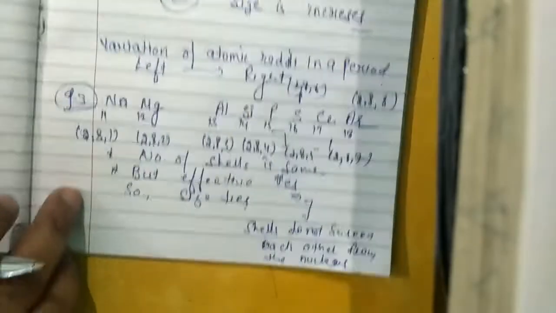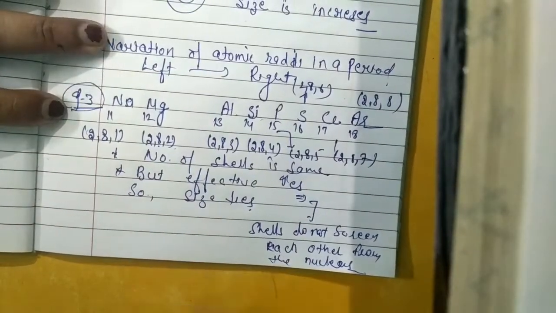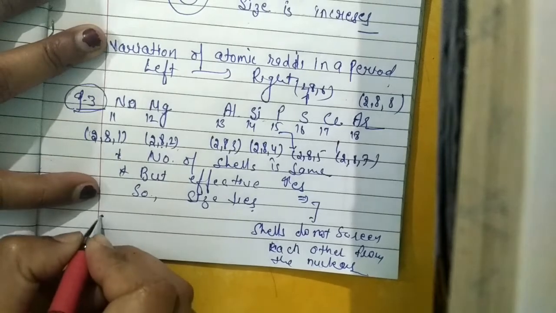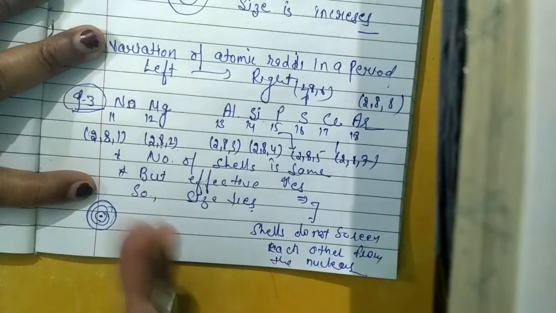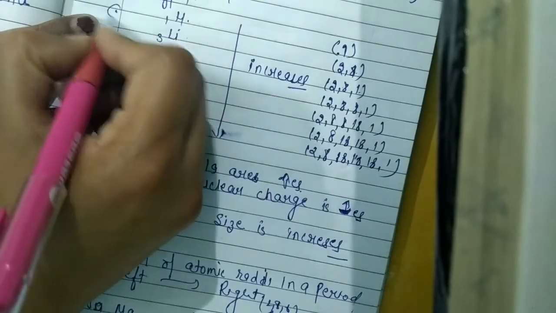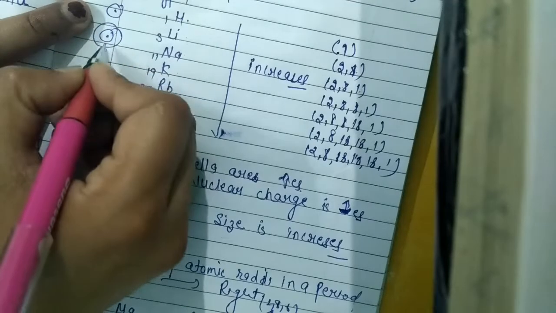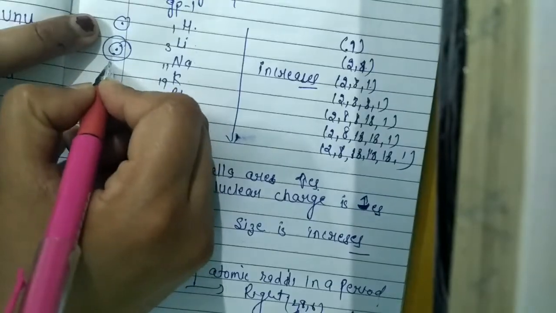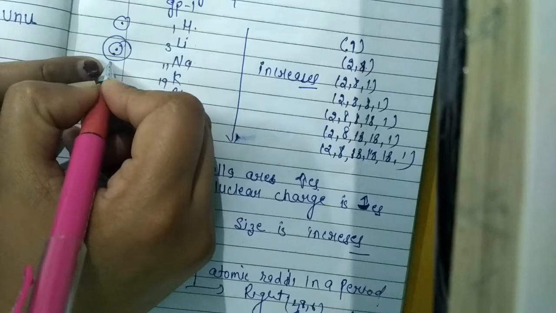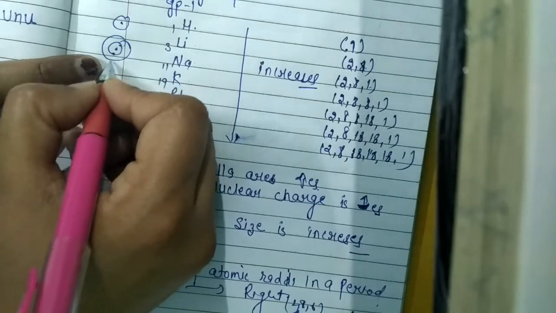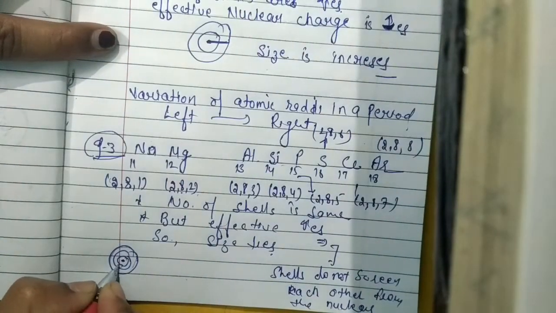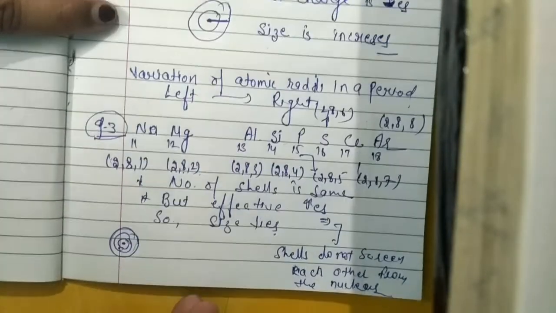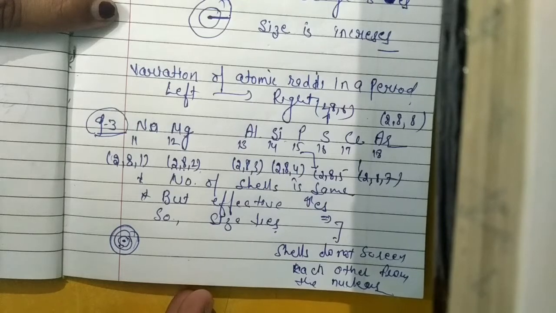Clear? In this manner, if they are not screening, it means the number of shells is the same. In the case of group 1, only one shell is there, in the next case 2 shells; the inner shell screens the outermost, so proper attraction does not happen. But in this case, the number of shells remains the same, so shells do not screen each other from the nucleus.